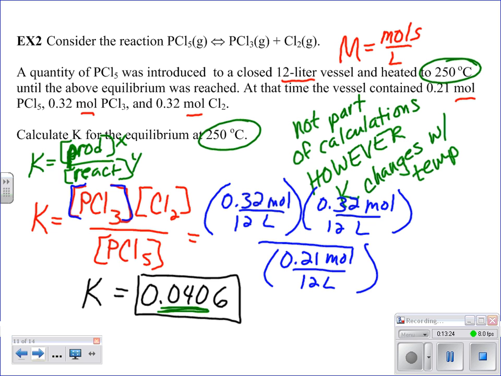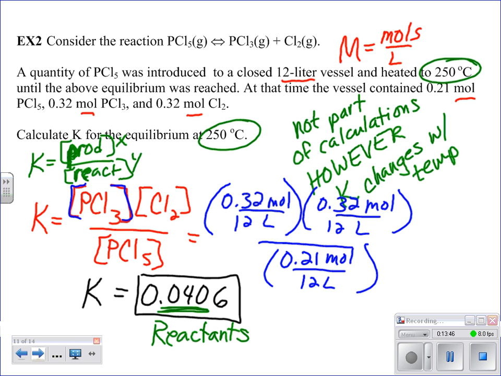Do you have more of the stuff that's in your numerator or more of the stuff that's in your denominator? And if you're saying denominator, then you get the gold star because you're right. It means that we have a higher concentration of our reactants. So what this means is that this reaction happens to be favoring the reactants.